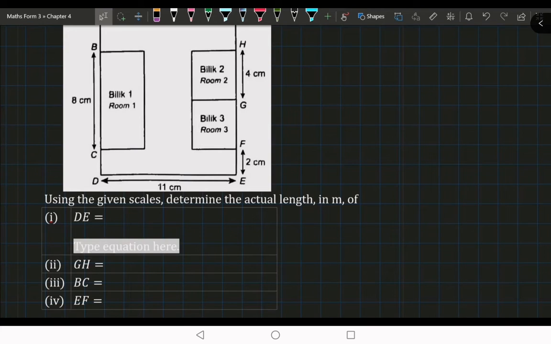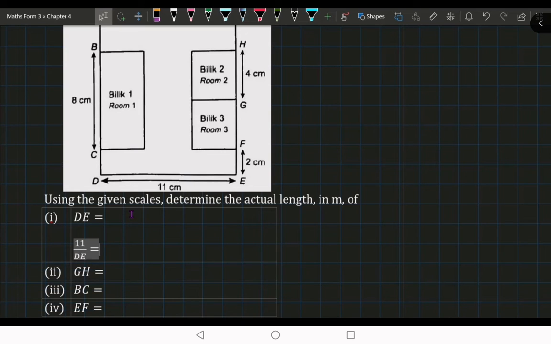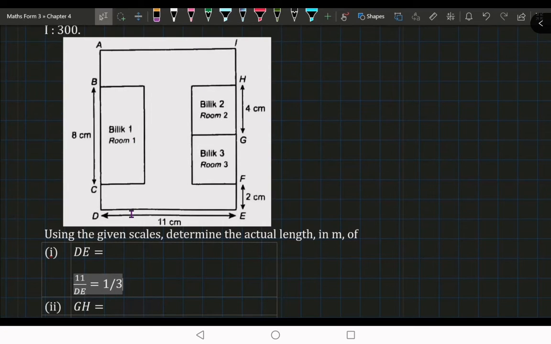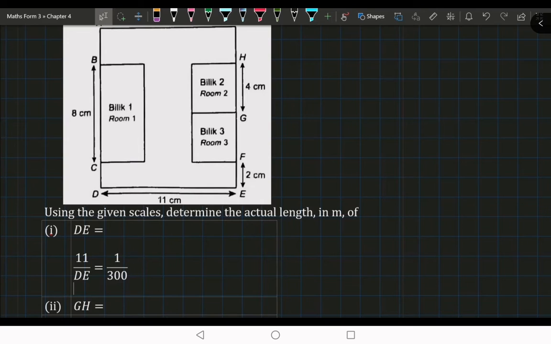This one, 11, is the drawing. Actual length of DE equals what? Its scale is given as 1 to 300.